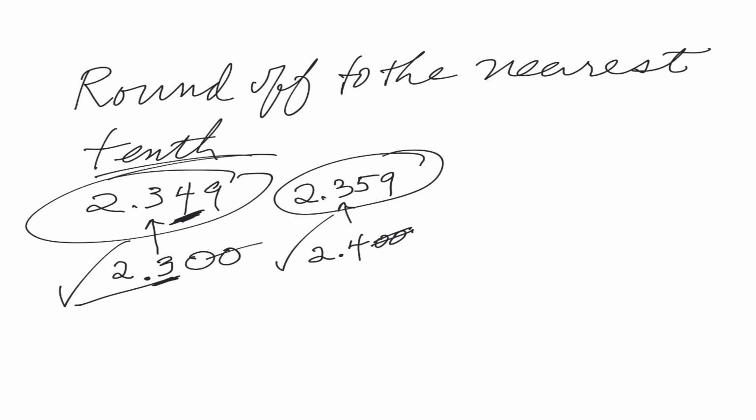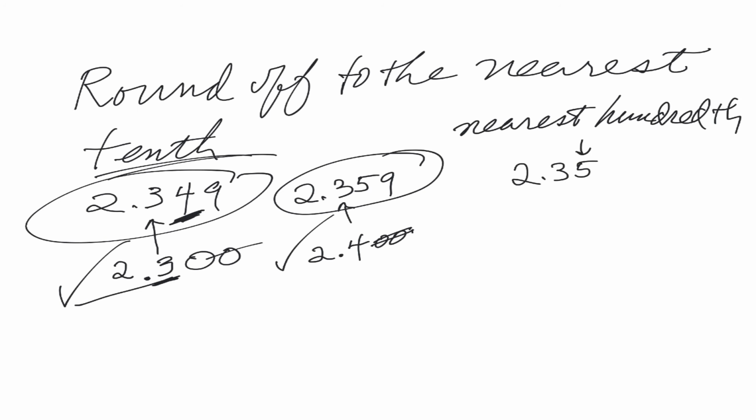Okay, so you need to identify first where is the number you want to round off to. So if you want to round off to the nearest hundredth, okay, with a th, then this number here is the hundredth. So you look at the next number. If the next number is either 5, 6, 7, 8, or 9, then this 5 has to be raised to the next number, which is 6. So it's going to be 2.36. Okay?